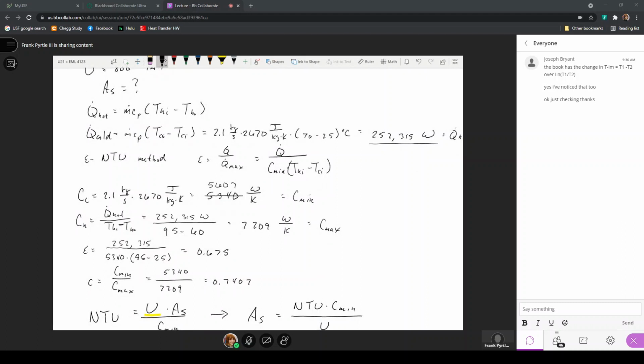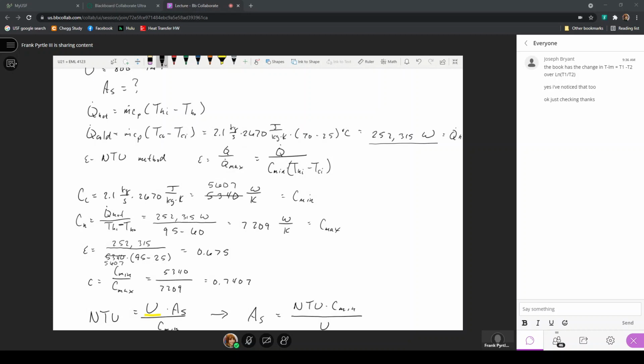Now here the effectiveness will become a little smaller because this value should be 5,607. So here we have 252,315 divided by here 5,607 times 70.